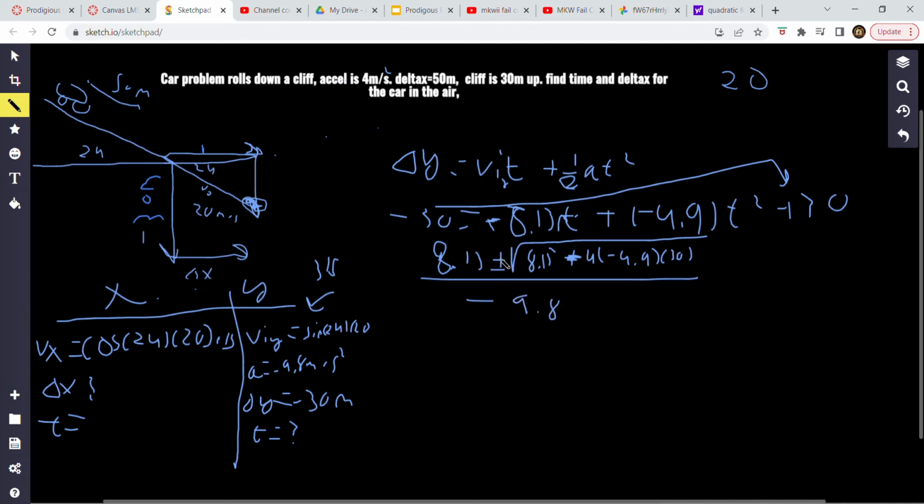The only way we're going to get a positive time is if we subtract the square root. So don't even bother adding it, because that's just going to give us a negative time, and time cannot be negative.